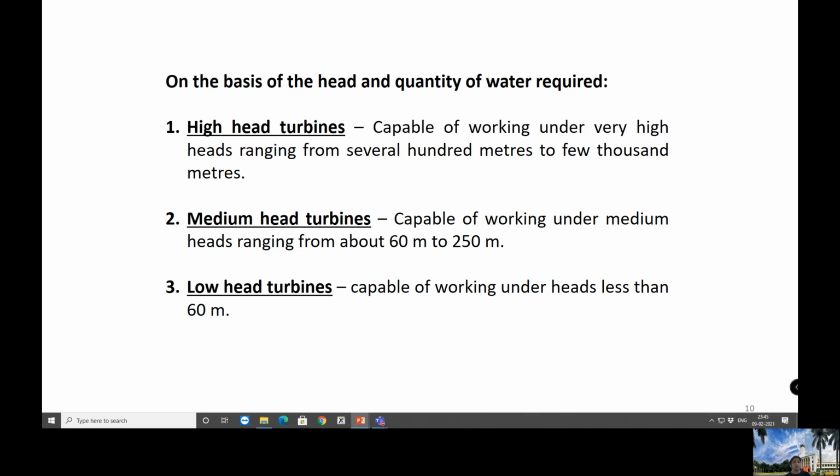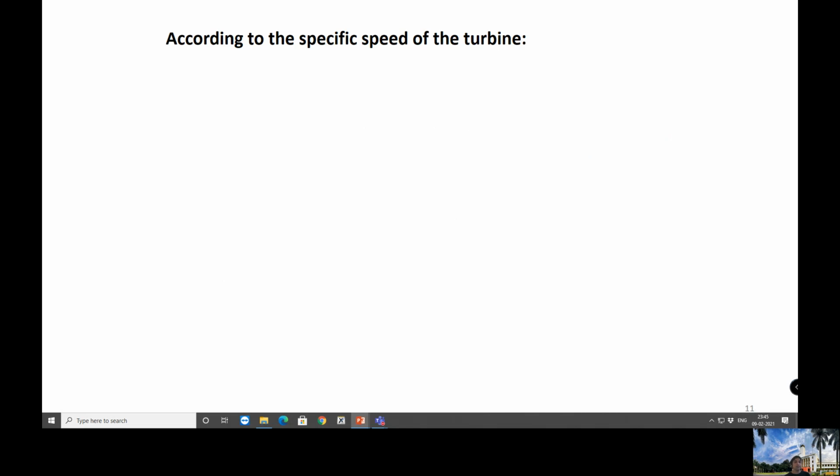Medium is the one that ranges from 60 meters to 250 meters, and low head is the one where the available head is less than 60 meters.